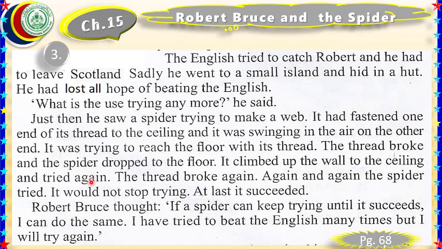It had fixed one end of the thread to the ceiling, and it was hanging. But before reaching the floor, what was happening? The thread was breaking. The thread was not strong enough to hold it in the air until it reached the floor. The thread was breaking again and again.